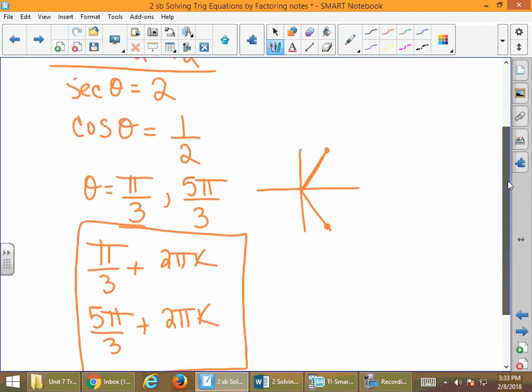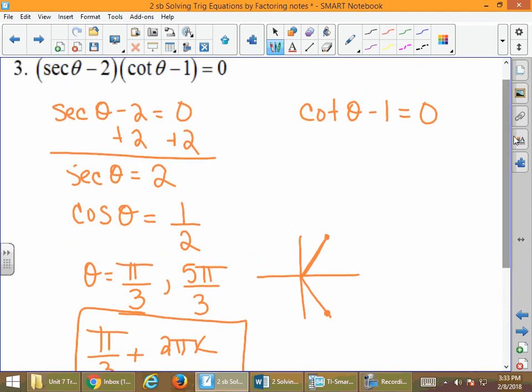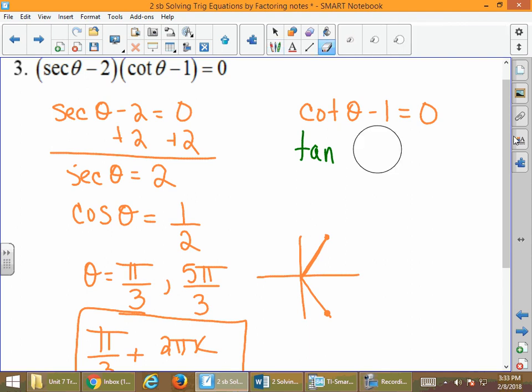But let's go back and look at the other value over here. Cotangent of theta is -1. We don't really know that much about cotangent, but let's convert that to tangent. Before I do that, let's move the 1 over to the other side.